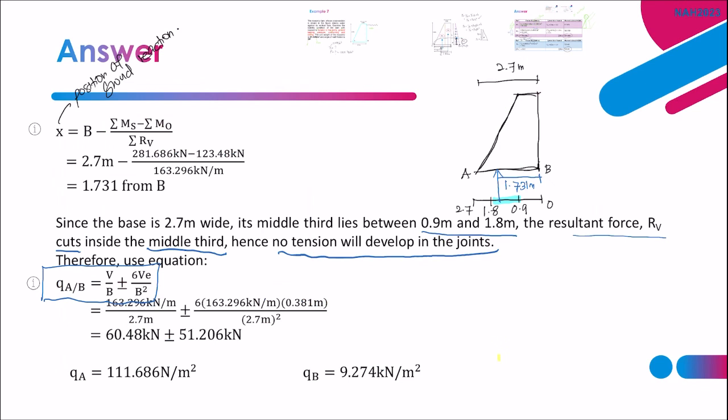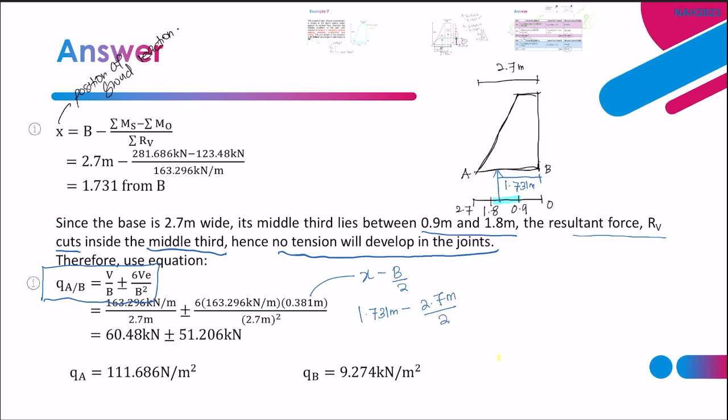163.296 divided by B, which is the base length, 2.7 meter, plus minus 6 times RV again, times VE. And VE, in this case, is X minus B divided by 2. X is 1.731 minus 2.7 meter, divided by 2.